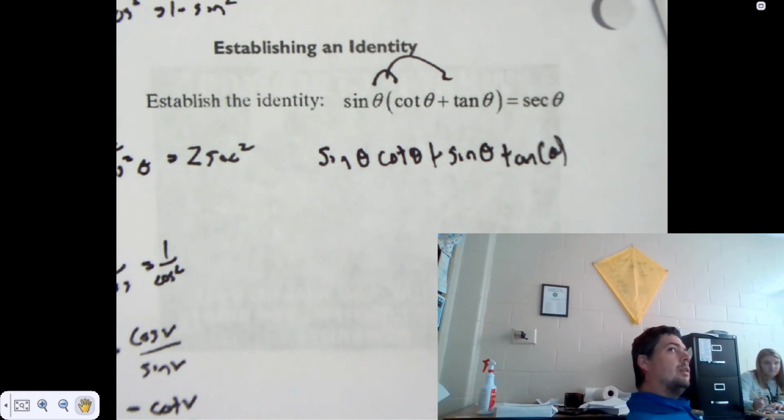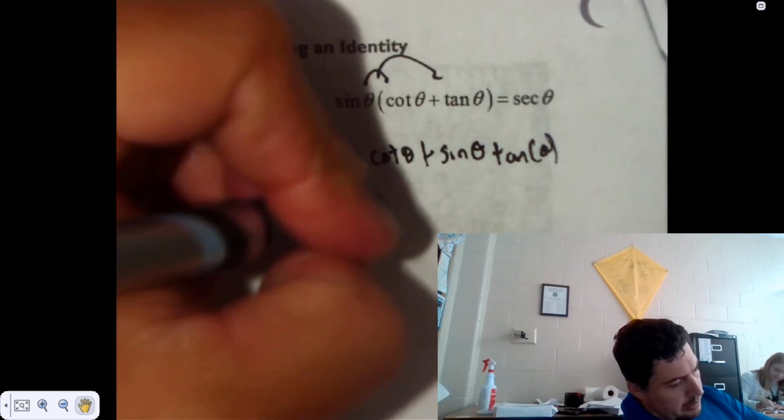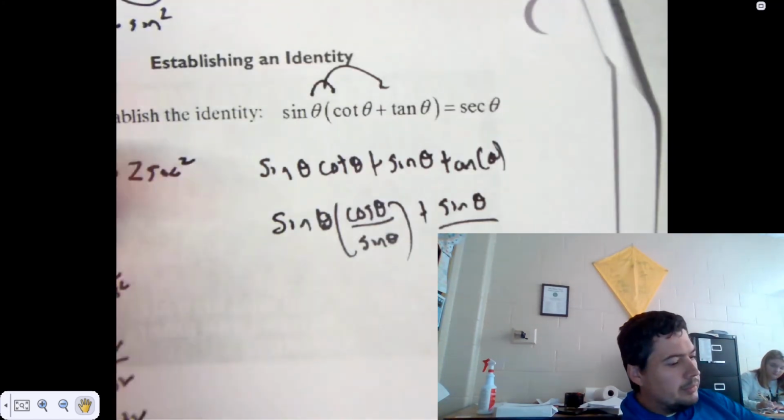Now those things aren't alike. One of them's got a cotangent, one of them's got a tangent. Seems like one of the first things in your notes was to rewrite things in terms of sine and cosine, wasn't it? Might be a good idea. Is there anything we can rewrite in terms of sine and cosine? Cotangent, yeah, and tangent. So cotangent is cosine over sine. Tangent, oops, I don't know why I put that divisor there, sorry.